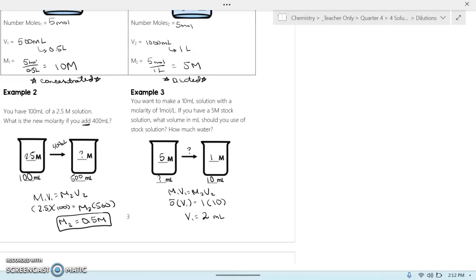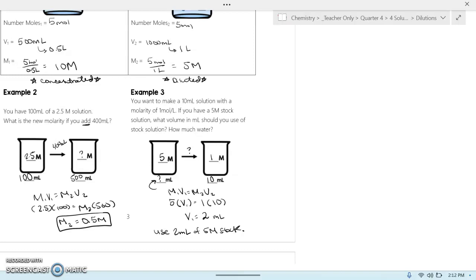milliliters. So to answer our questions here, there are 2 questions. V1 here is 2 milliliters, so we need to use 2 milliliters of the 5 molar stock. And then if we wanted our final solution to be 10 milliliters, how much of it needs to be added as water?